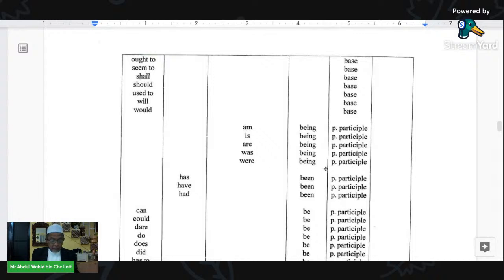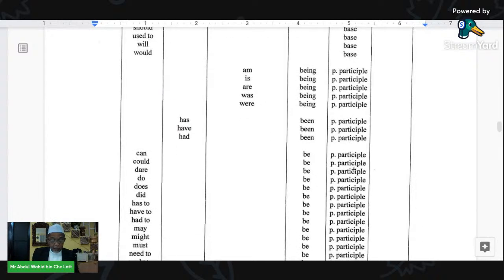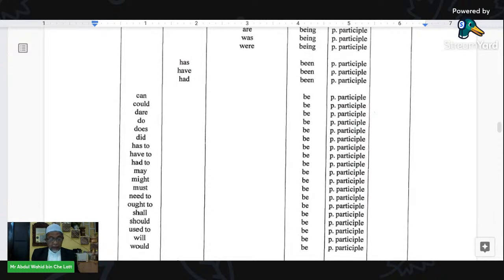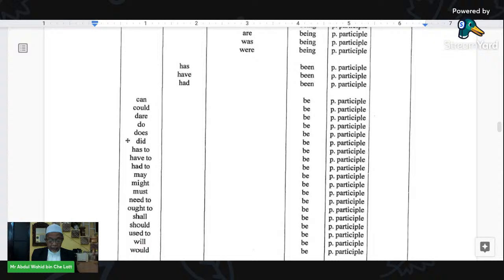Okay, sentence number 17. You mesti telah menonton the film KL Drift. Okay, mesti is a modal, so write number 5 on top of mesti. Telah is perfective, write number 4 on top of the word telah, and number 1 on top of menonton. So the system is 5, 4, 1.